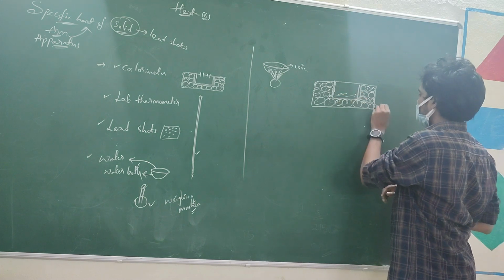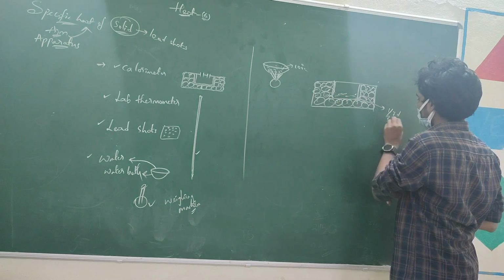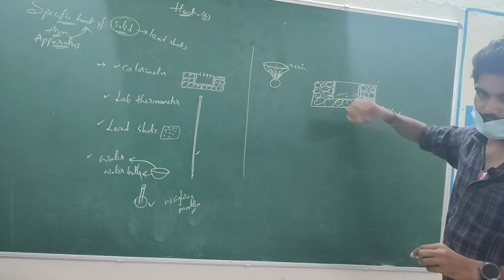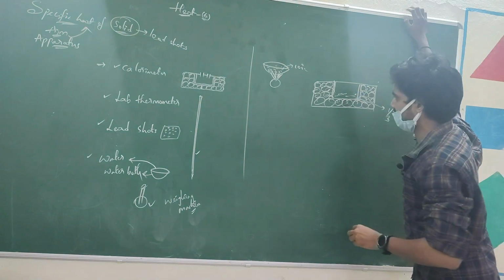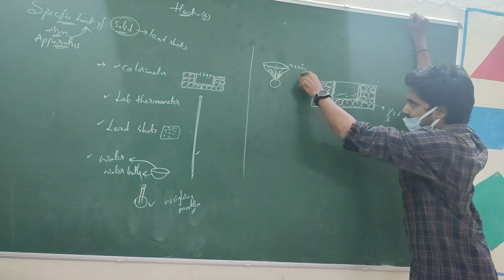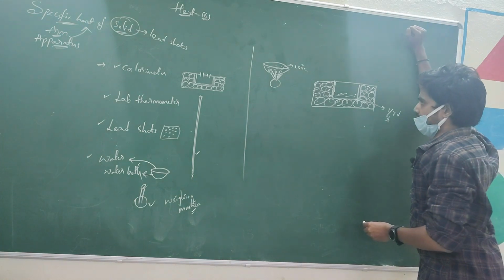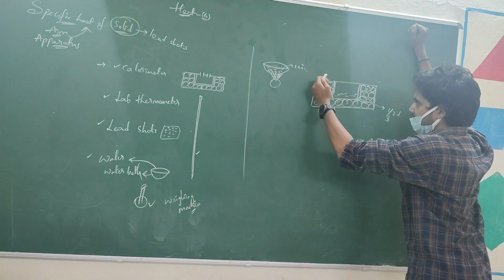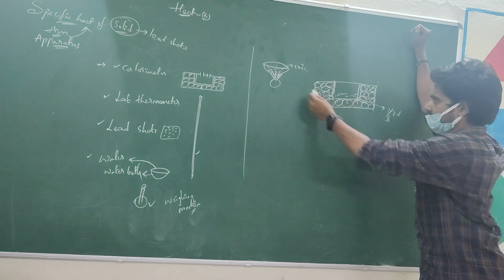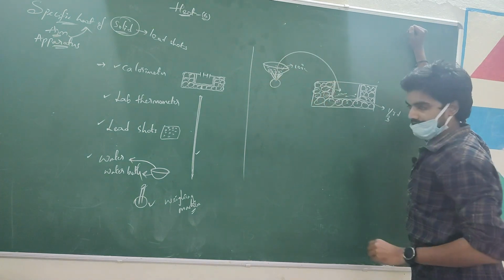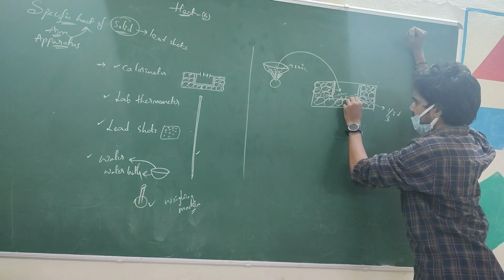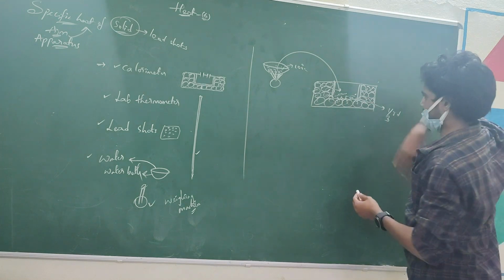Inside we'll take some amount of water, one-third level of water, inserted inside this calorimeter. After the lead shots reach 100 degrees centigrade, we simply open the door of the wooden box and insert those lead shots inside. Within a fraction of a second, just close the door.